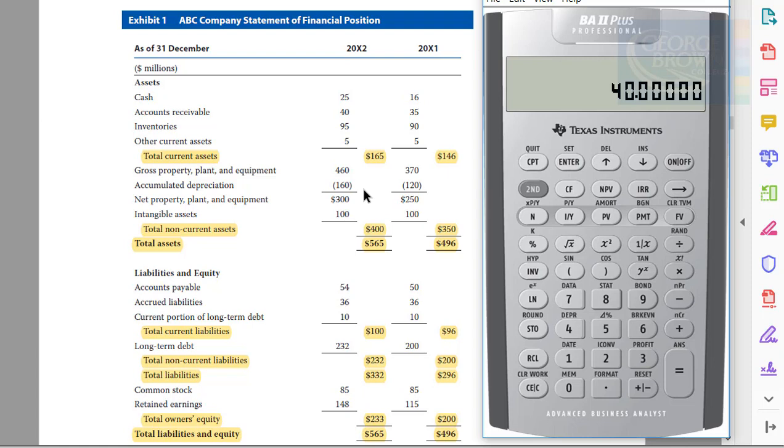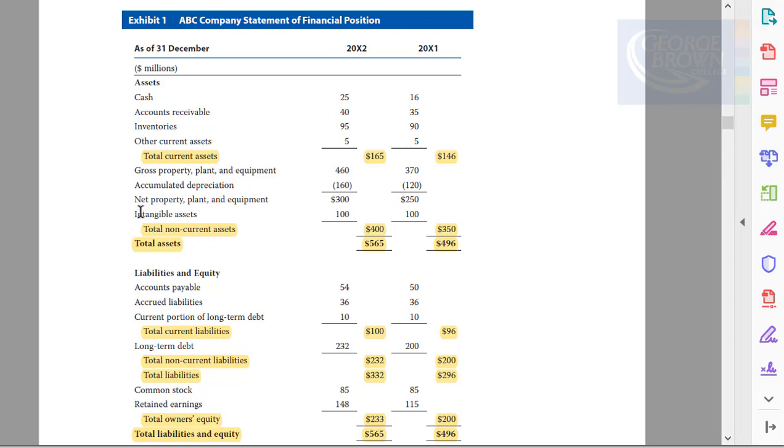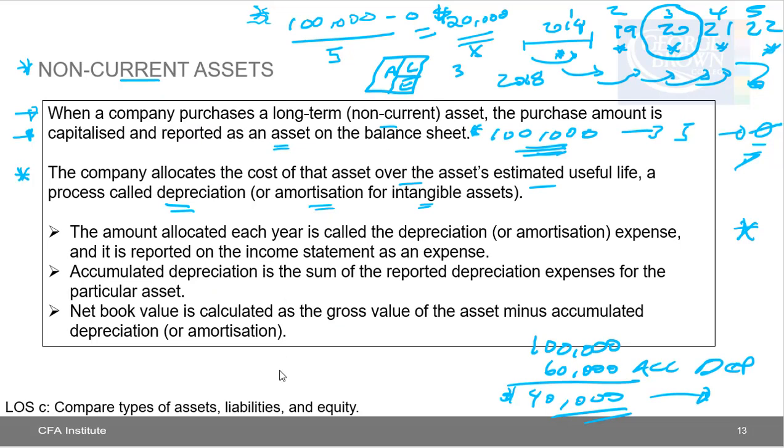That's from the depreciation expense on the 20X2 income statement. So you can see finally that we have the net plant, property, and equipment. 460 minus accumulated depreciation, 300. 370 minus accumulated depreciation, 250. So again, net book value is calculated as the gross value of the asset minus accumulated depreciation.